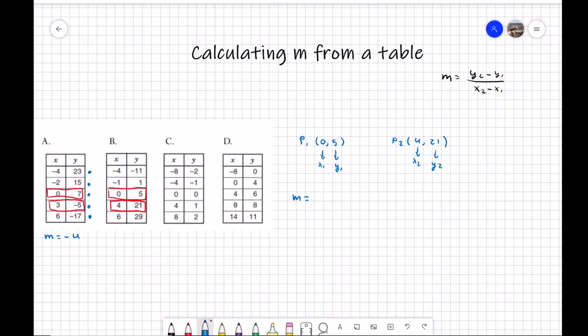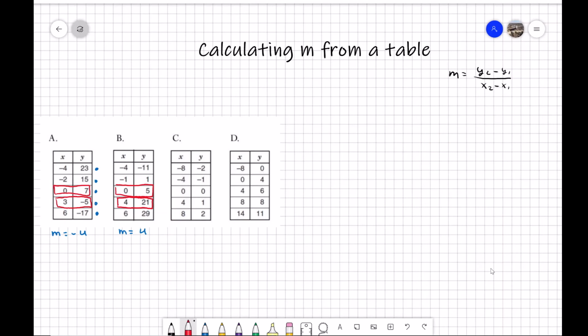We apply the formula, and we end up with y2, which is 21, minus y1, which is 5, divided by x2, which is 4, minus x1, which is 0. That's 16 divided by 4, which is equal to 4. The slope of B is 4.